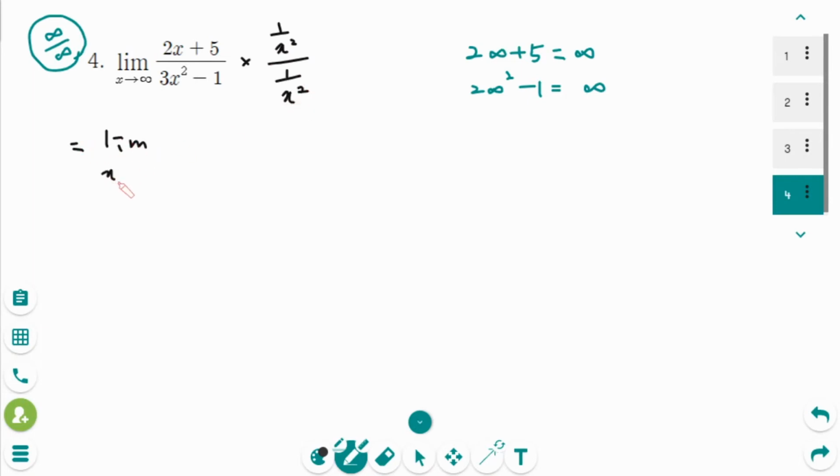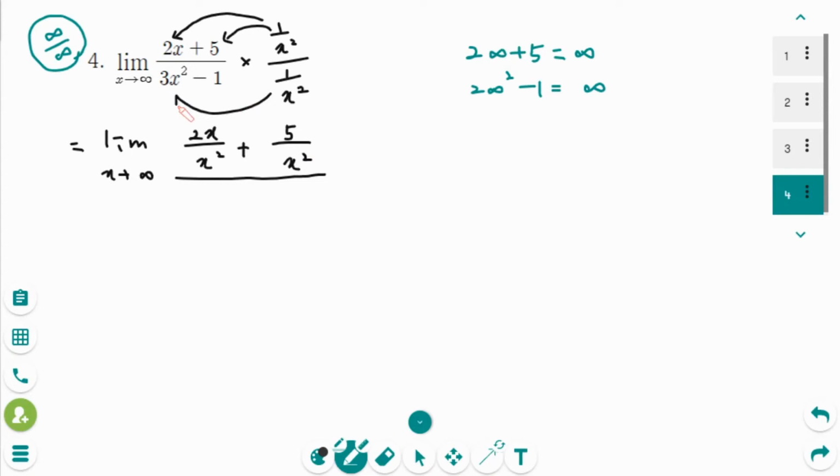And then expand. 2x over x squared plus 5 over x squared, over 3x squared over x squared minus 1 over x squared.